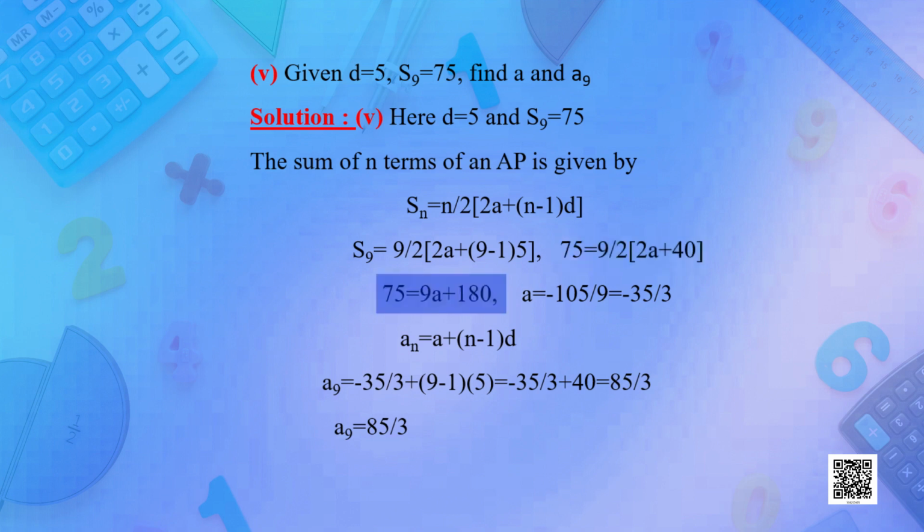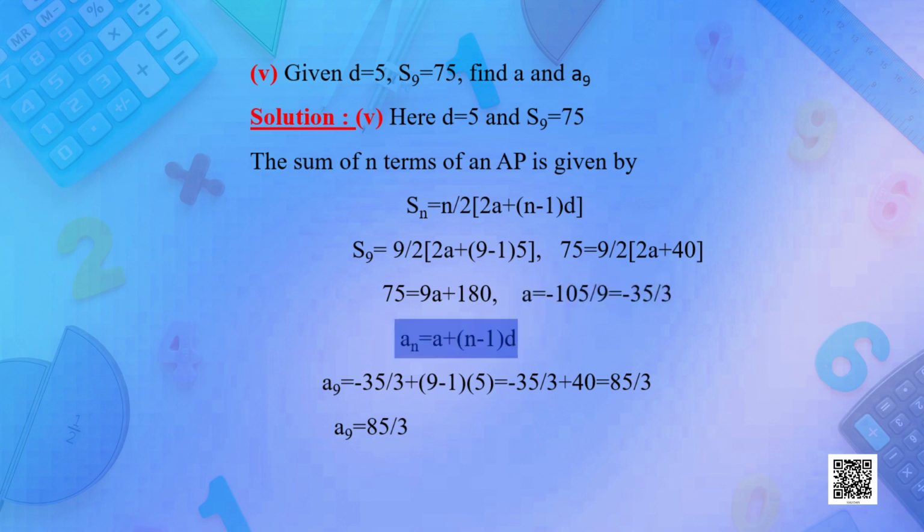Let us simplify this. 75 is equal to 9A plus 180, we get A is equal to minus 105 by 9, which can be simplified as minus 35 upon 3.